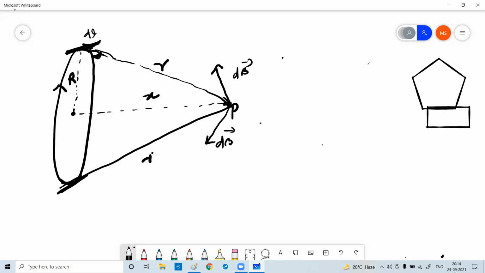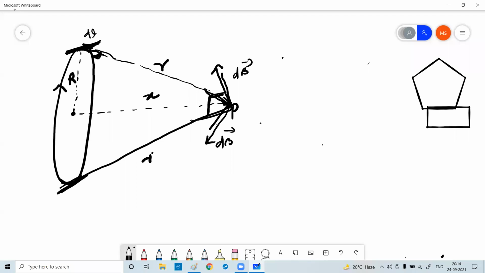You know very well that your dB will be perpendicular to the DL and also perpendicular to the R. The angle between this one and this one is 90 degrees. The angle between this one and this one is 90 degrees. Did you understand?